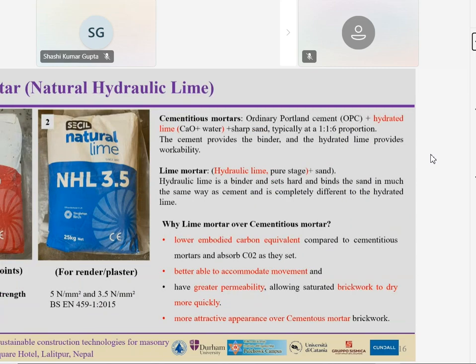We are avoiding the use of cement mortar, so we have selected lime mortar, and we have considered 2 grades of mortar: NHL 5 and NHL 3.5. NHL 5 we are using for building the specimen, as the mortar for the joints. And we are using NHL 3.5 for the render, or what we call plaster in India as well.